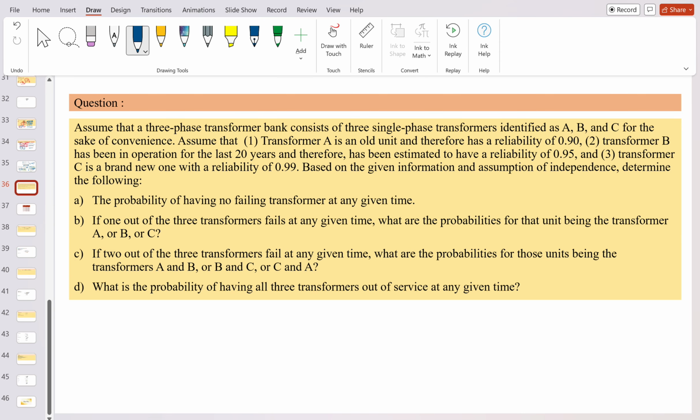There is one problem here that I have kept. You have to try to solve this. Just try to solve it. This is a very simple problem. Try to solve the first part, and after that I will give the solution for B, C, D. Just look at the statements and try to solve. I have taken this from the presentation itself.